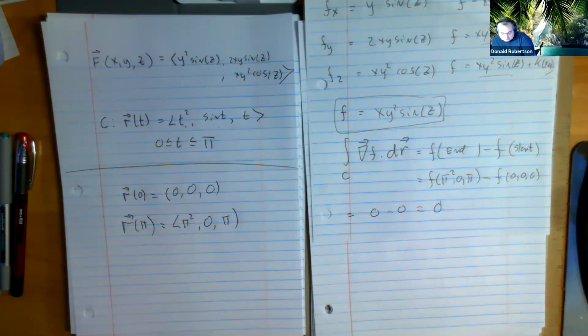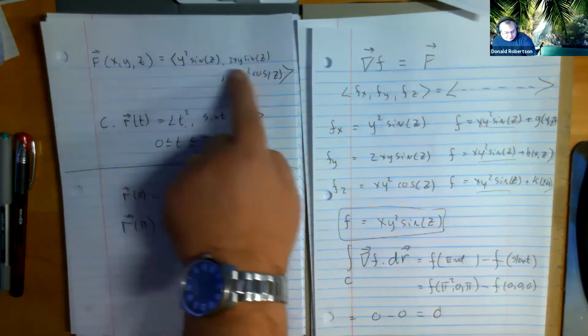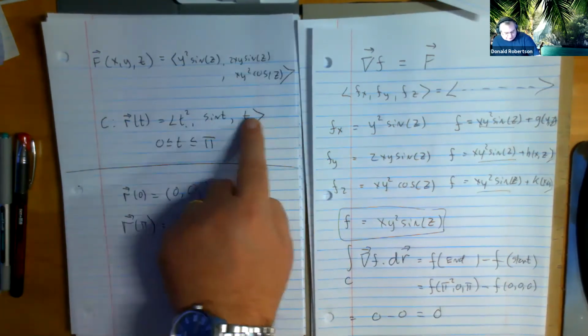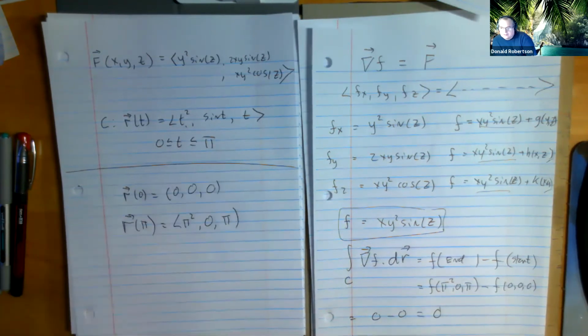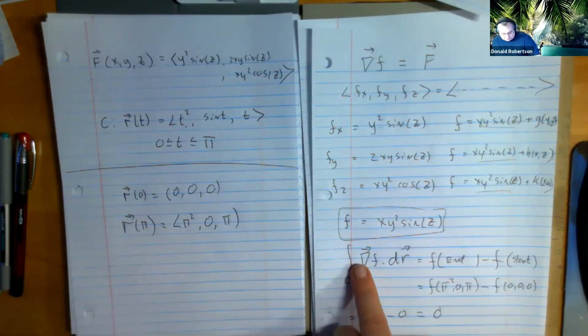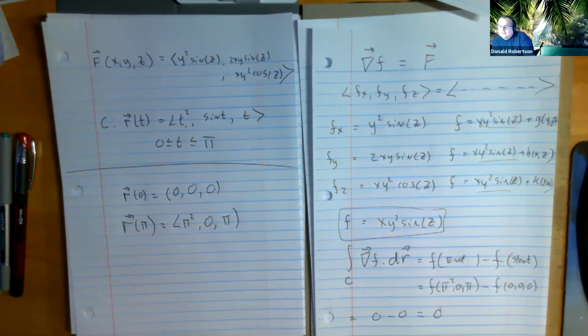So if this particular vector field had this curve passing through it from t equals 0 to pi, the line integral, which is also the work done in going from here to here, would be 0. So you'd be on a net 0 situation, like you go up a hill and then you come downhill. That's kind of cool.